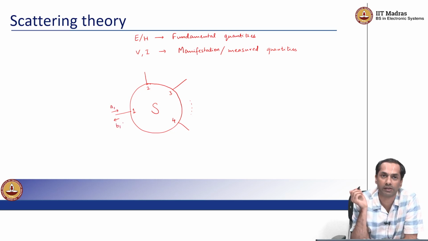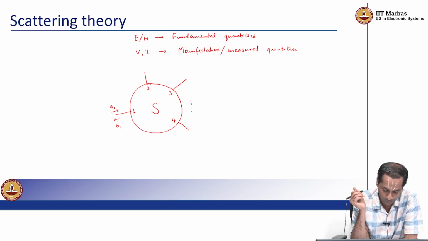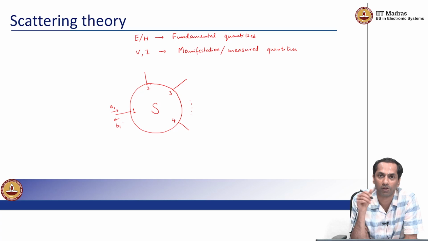We'll define what these A's and B's are very shortly, but each port brings in electromagnetic energy in the form of waves, right? And there are waves both injected into the port as well as waves going in the opposite direction, right? So we'll use the letter A for injected waves and B for waves that are exiting the port, right?